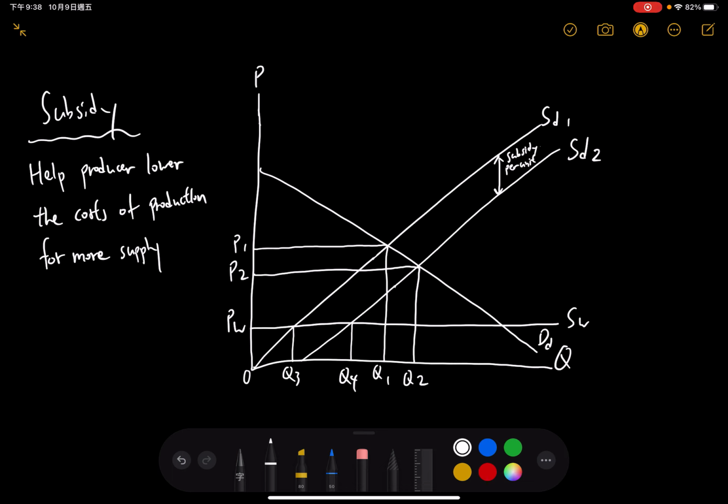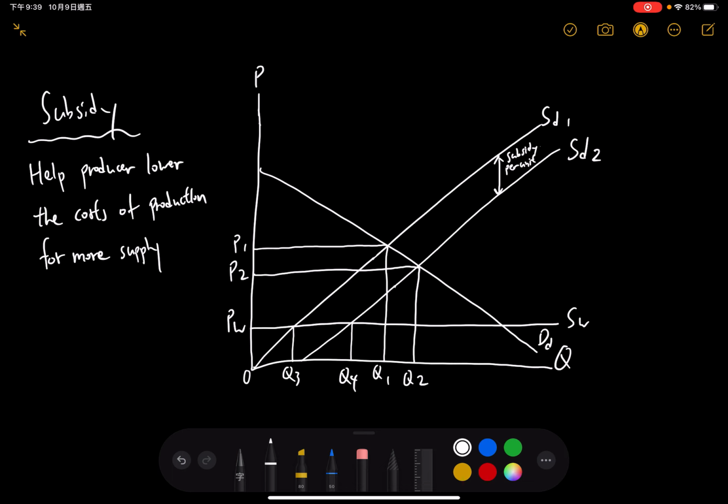Okay, all right, and don't forget, every time we are trying to find out the unit price our domestic producer is receiving after the subsidy is imposed, we always have to consider the subsidy per unit as well. Just because they are selling at PW, that is not the end of the story.